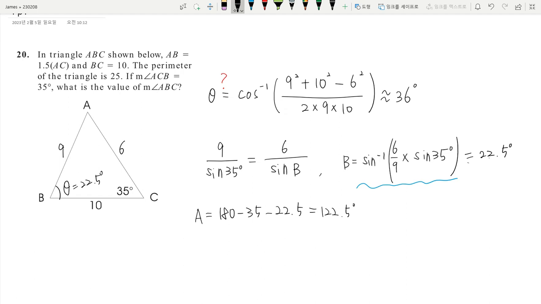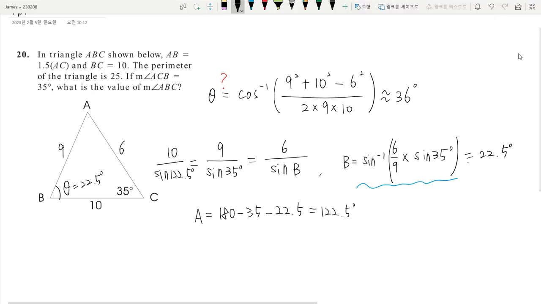Yep. And if we compare this A to the other ratio, it should be 10 over sine 122.5 degrees. They should all have the same ratio.